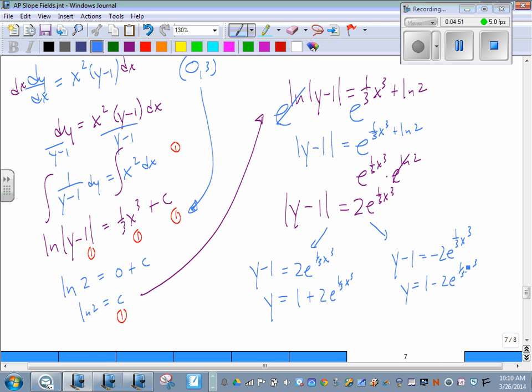And then we have to check which one works. So we're going to use this point, (0, 3), and plug it in. If we put 0 in, e to the 0 is 1, times 2 is 2, plus 1 gives us 3. This one we get 1 minus 2 is negative 1, so this is our final answer here, and that's our last point.